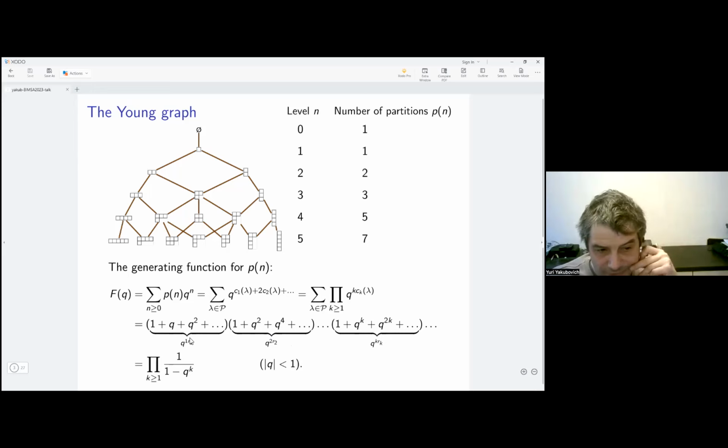In order to have q to the power n, we just need that these powers sum up to n. Starting from a certain point, we have to take just one from all parentheses, and then this can be written in this compact form, and the series converges for q less than 1 in absolute value.